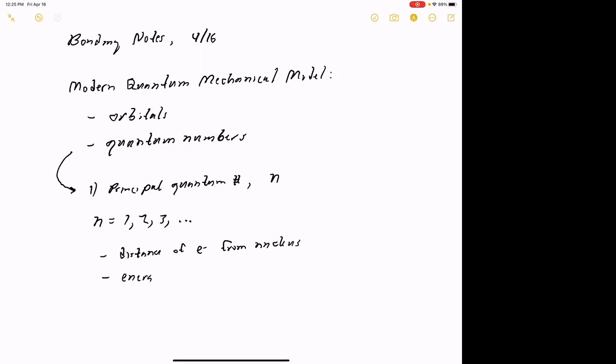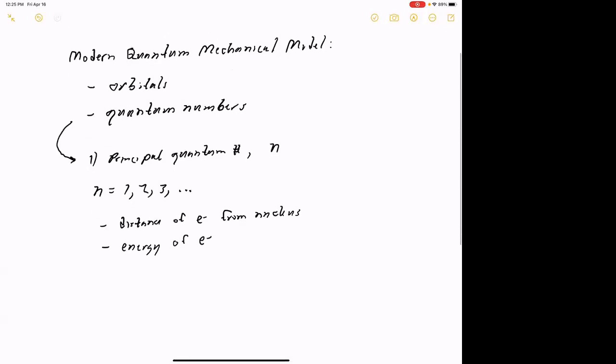That was also true in the Bohr model. Remember, as the electron moved out to farther and farther energy levels or orbits, the distance from the nucleus obviously increased, but the potential energy of the electron also increased. I gave you an equation for that, the one dealing with the Rydberg constant at the very end of class.